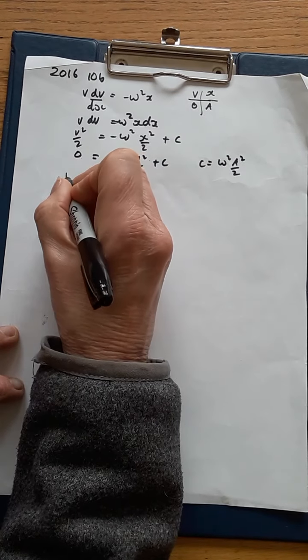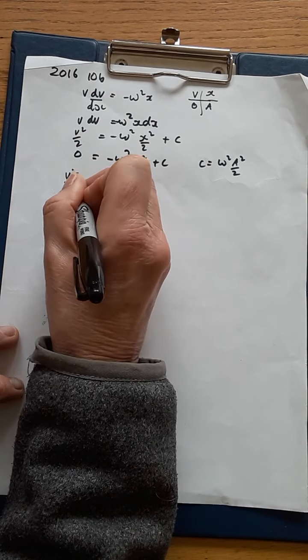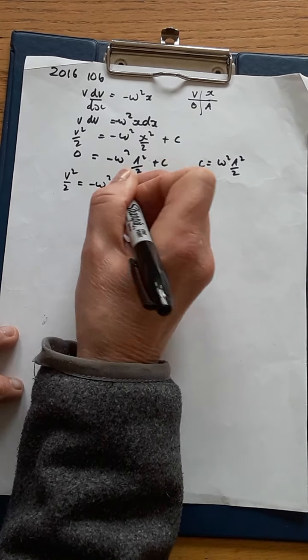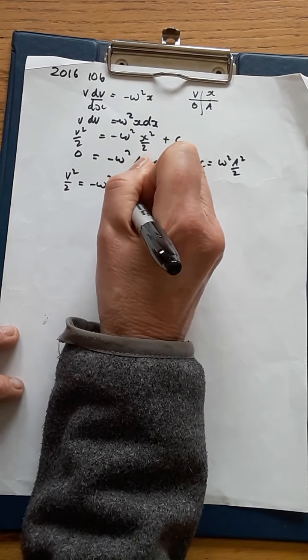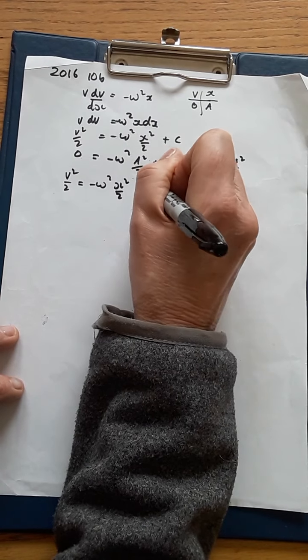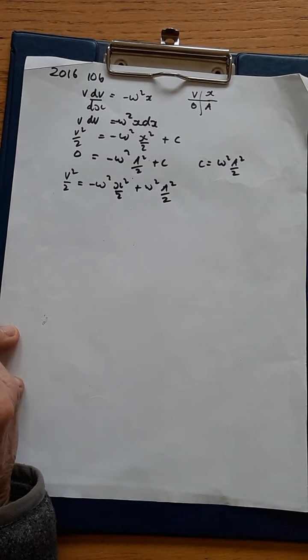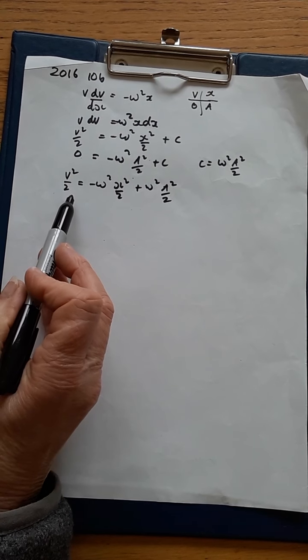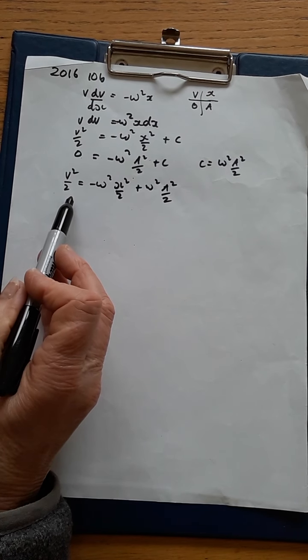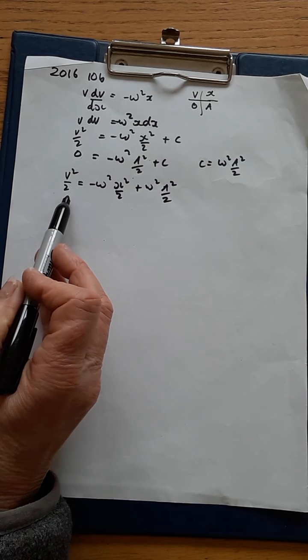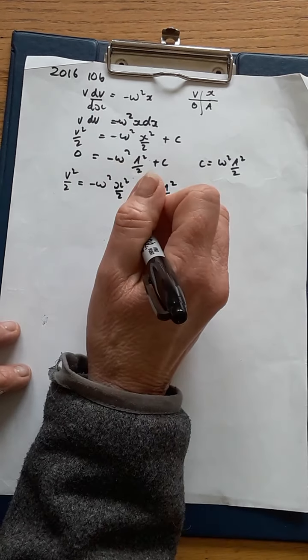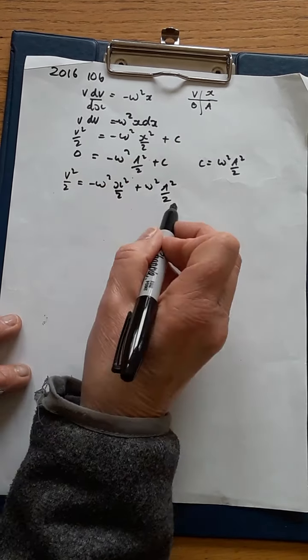I'll put that back into this equation here. V squared over 2 is equal to minus omega squared by x squared over 2 plus omega squared by a squared over 2. I'll take out omega squared over 2. The 2's will cancel all the way across.